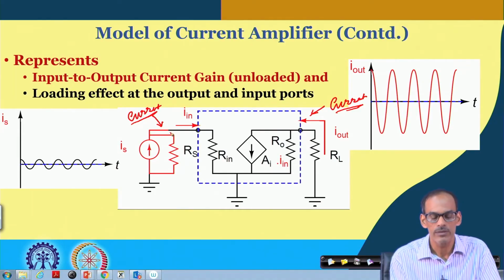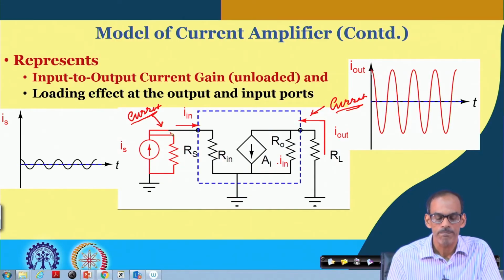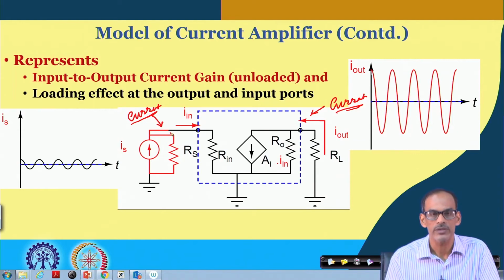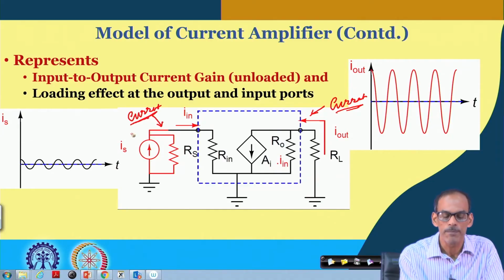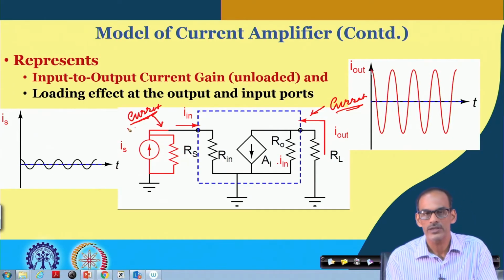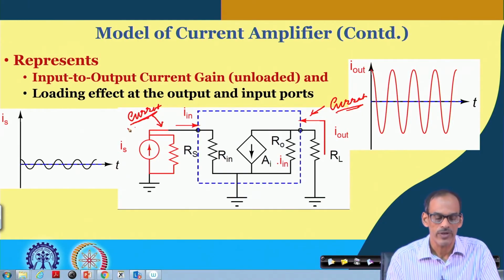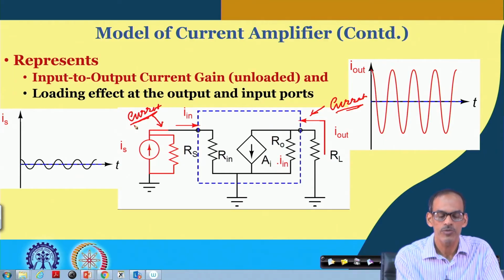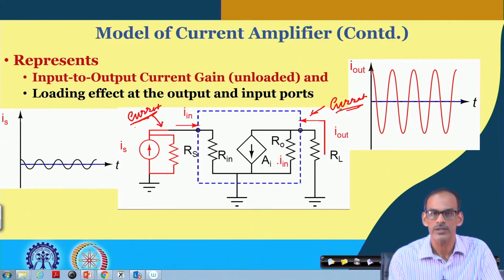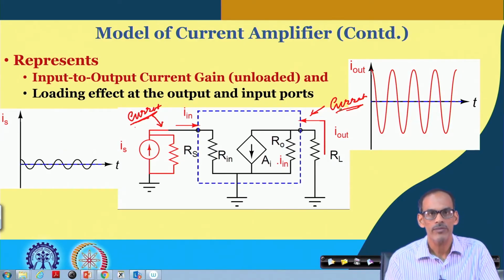If the input is current and the output is voltage, or the input is voltage and the output is current, what kind of model will we use? Based on the signal type, if it is voltage and then current, we have one kind of amplifier, and if the input signal is current and the output signal is voltage, we have the fourth kind of amplifier.